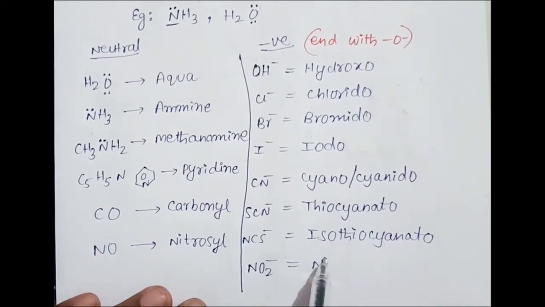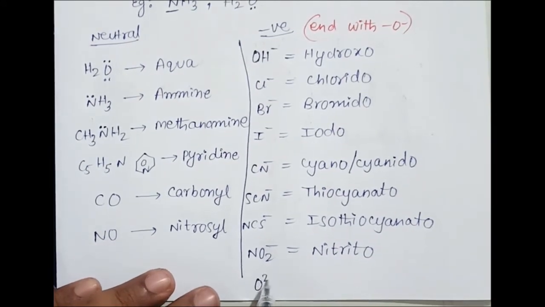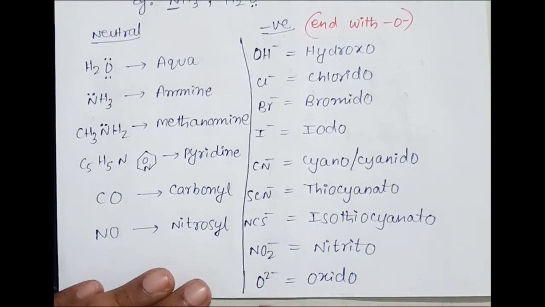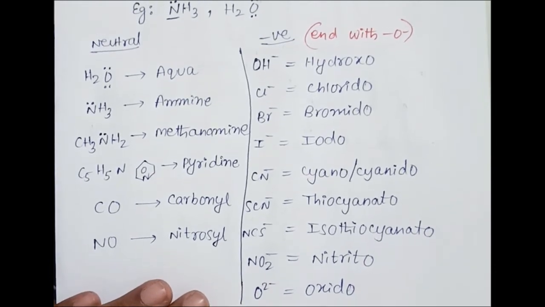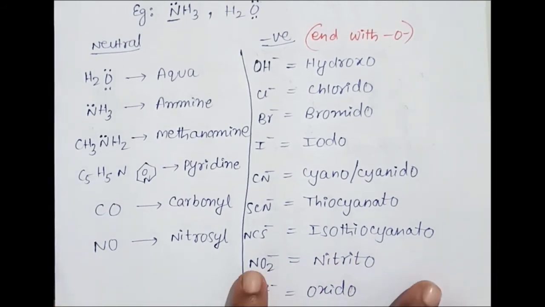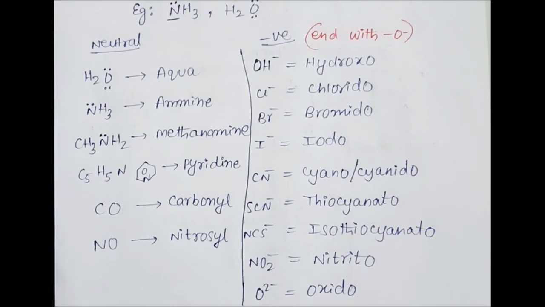First of all, let us learn nitrito, and we will see the name types also. O2 minus, we call oxido. So like this, we will see many more negative unidentate ligands. But I said there are some positive unidentate ligands also. So positive ones I'll tell you after this.